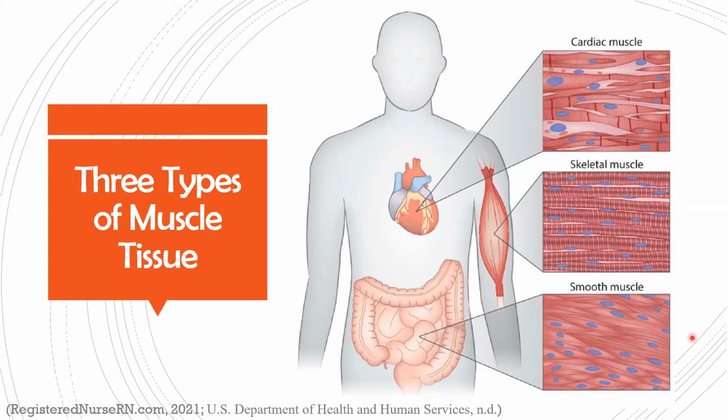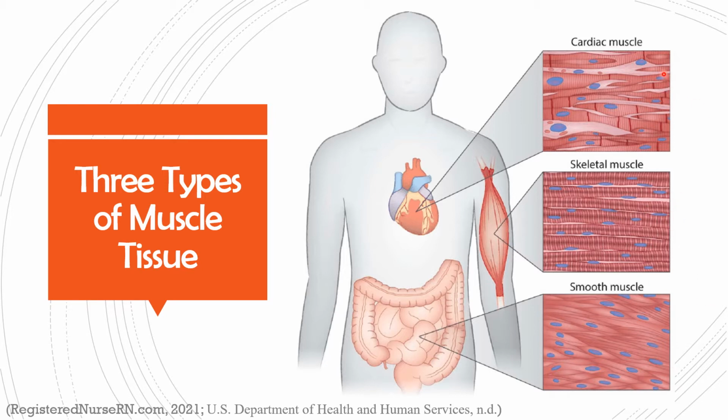It's also non-striated, which you see it lacks those stripes that the skeletal muscles have. And that muscle cell down here is spindle shaped and has one central nucleus. And smooth muscle contracts slowly and rhythmically, as opposed to the voluntary movement of the skeletal muscle.